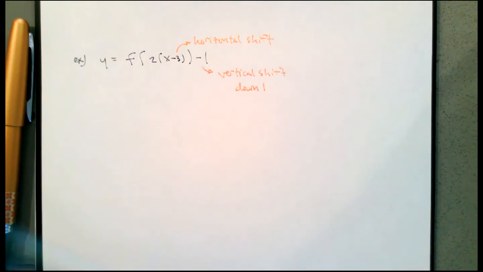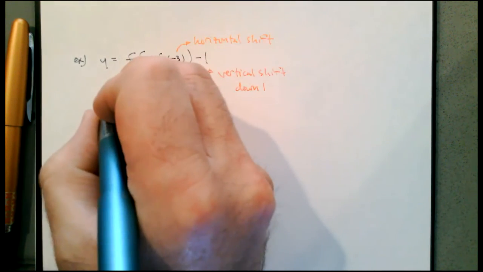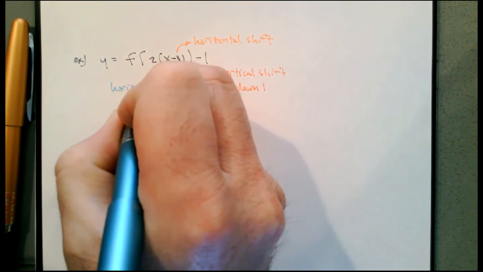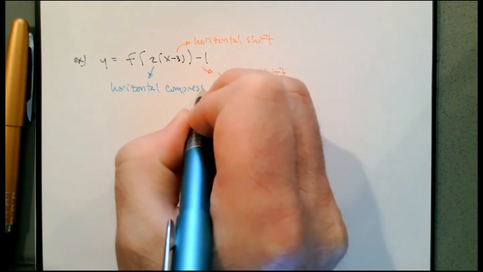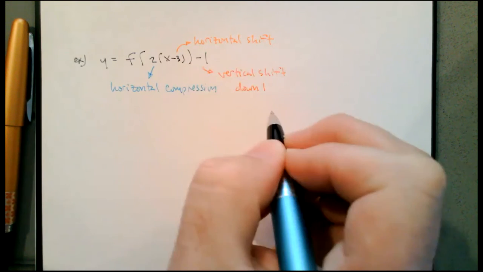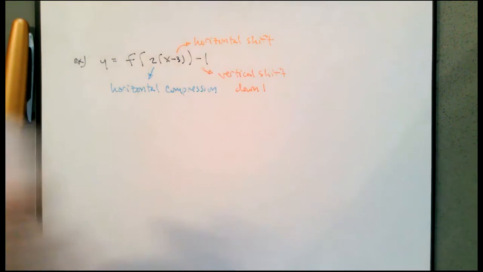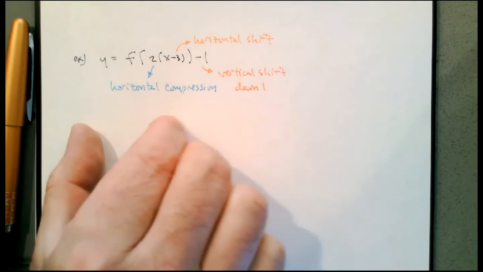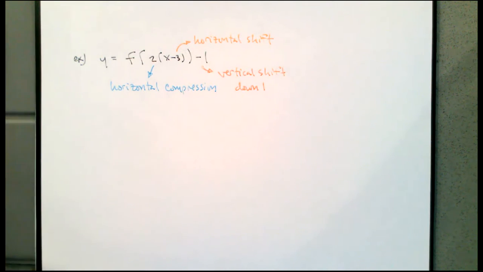The 2 is a horizontal stretch or compression. X's are going twice as fast. So that's going to compress because the x's are going twice as fast. Since it says x -3, we're doing a horizontal shift 3 units to the right.